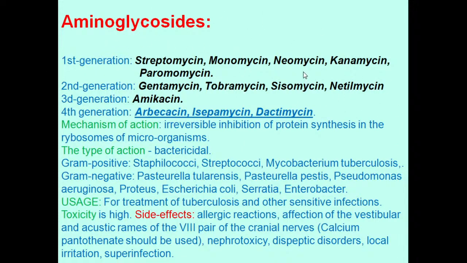We use streptomycin for treatment of tuberculosis. That is why if we use this agent, of course, we should use calcium pantothenate. Amikacin and especially fourth generation are of least toxicity. Arbekacin, isepamicin, and dactimicin can be used even in small children.